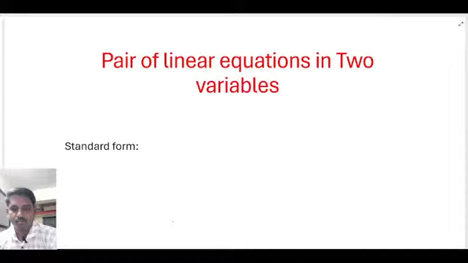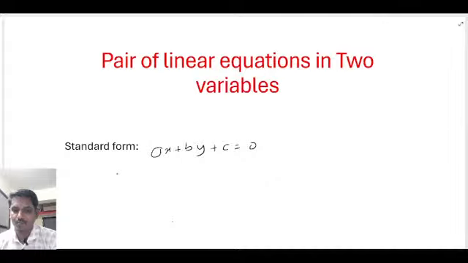So we know that linear equation in two variables has the standard form ax plus by plus c equals to 0. So when we have pair of equation, we mean there are two equations.